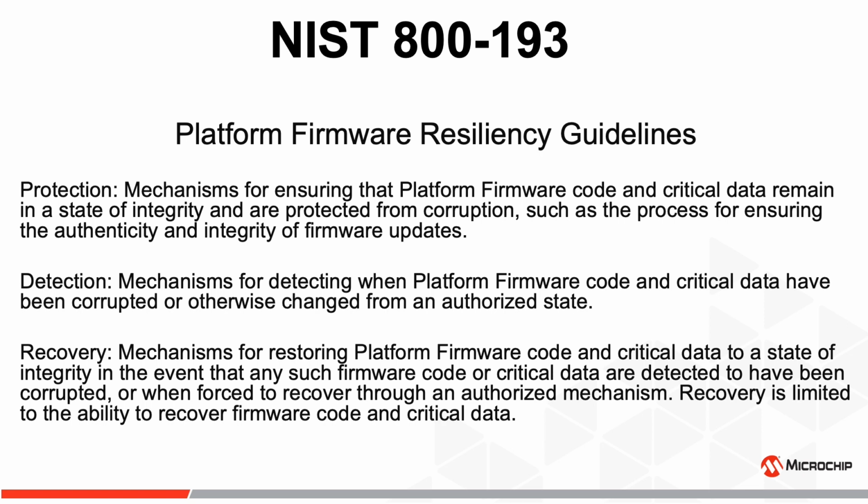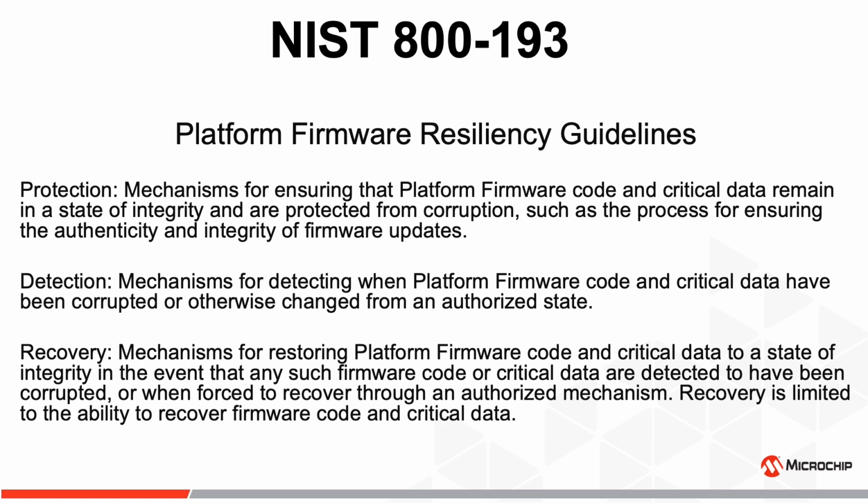So what do those guidelines entail? There are 3 tenets: to protect the system, to detect when the platform code has been corrupted, and to recover. So let's talk about protection.